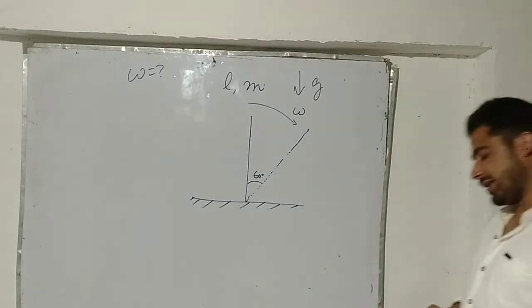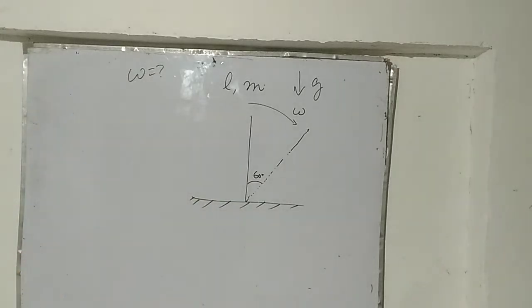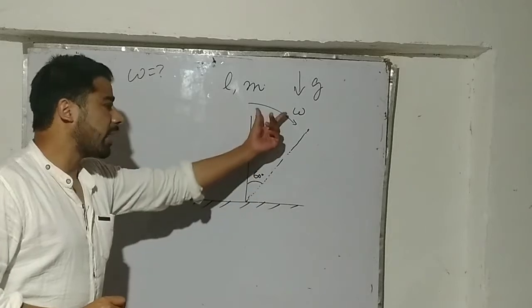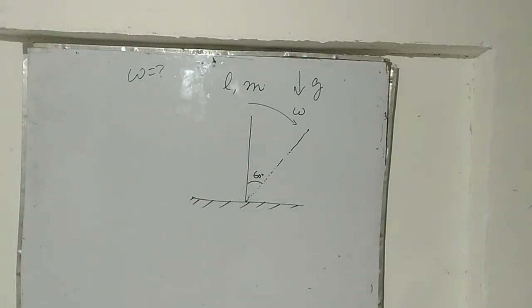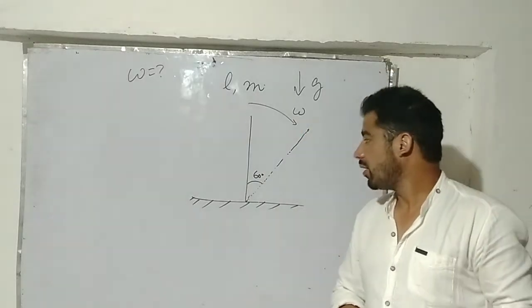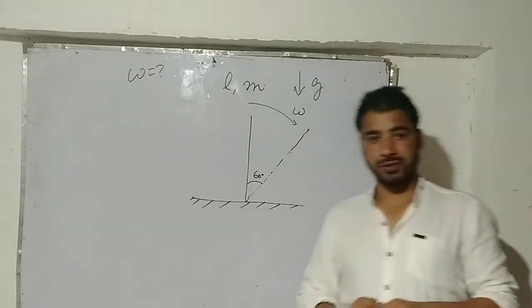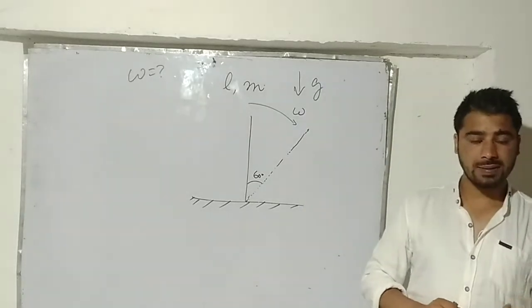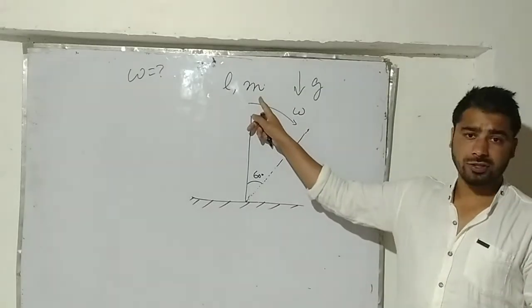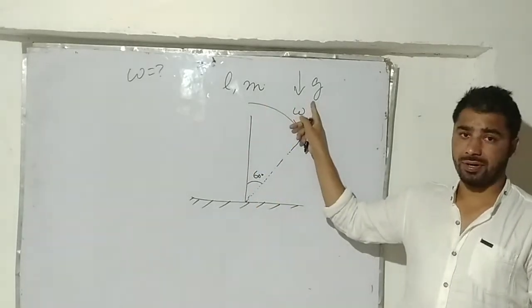One thing I can guess here at the first place, which is very important to analyze: the rod is initially at rest under the gravity field. Obviously it will be associated with gravitational potential energy, which depends upon the mass. When we talk about the mass of the rod, no problem, there is a uniform gravity field, no issues.